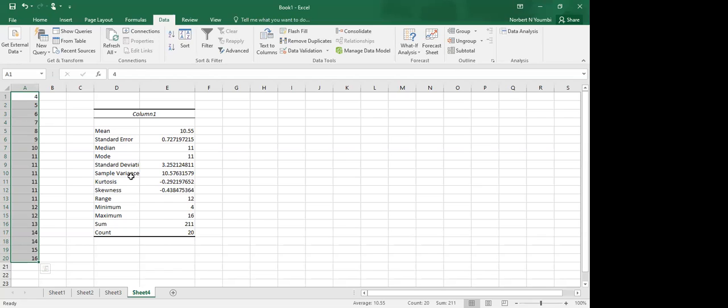How many values are more than 4.05 and less than 17.05? More than 4.05, less than 17.05. Out of these 20 values, how many?